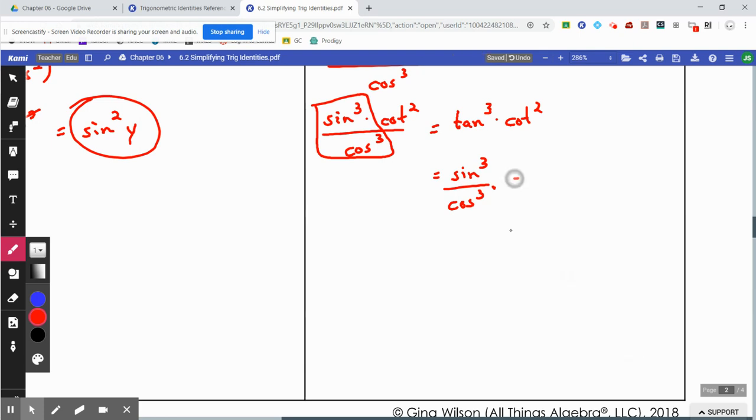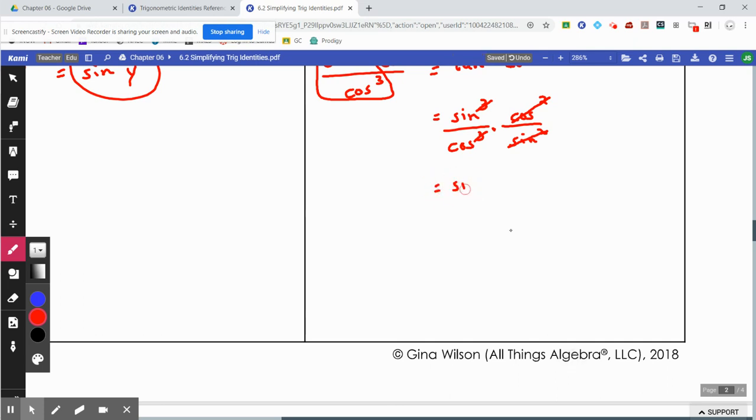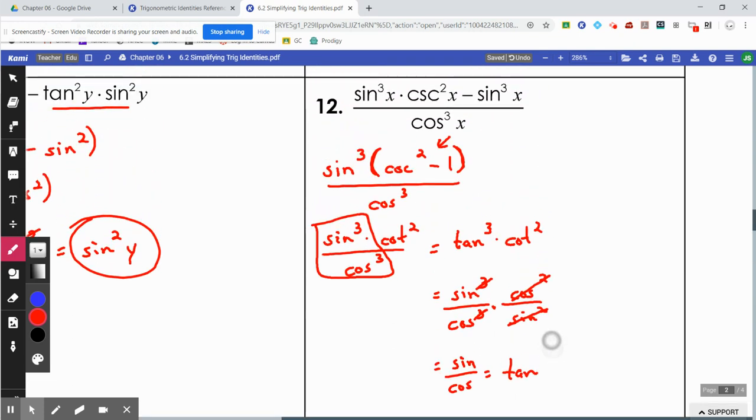Cotangent would be cosine over sine, so it'd be cosine squared over sine squared. So 2 of these sines would cancel with 2 of these and leave you with 1. 2 of these cosines cancel with 2 of these and leave you with 1. So we're left with sine over cosine, which we know is tangent. So we have the tangent of x.